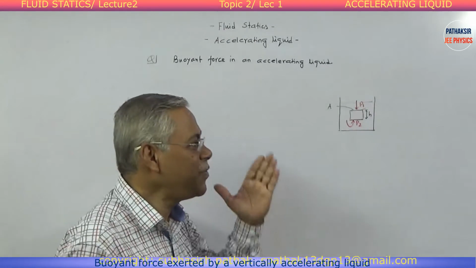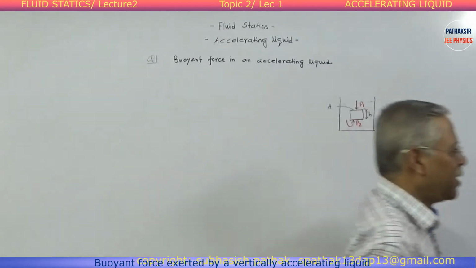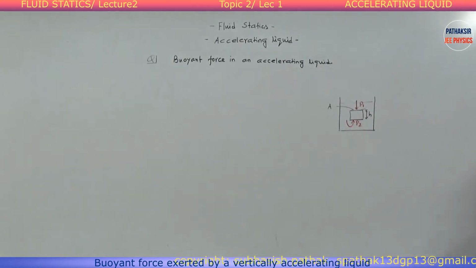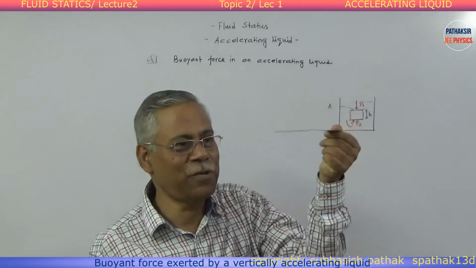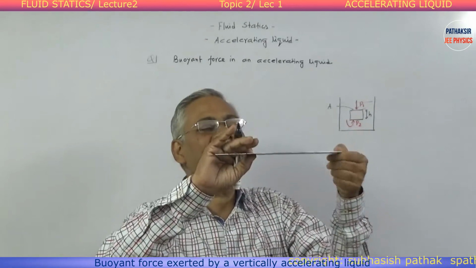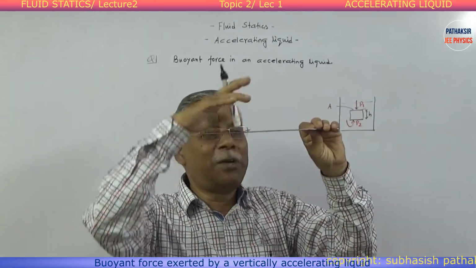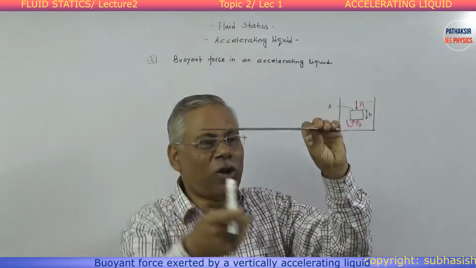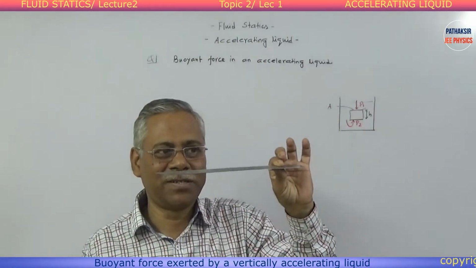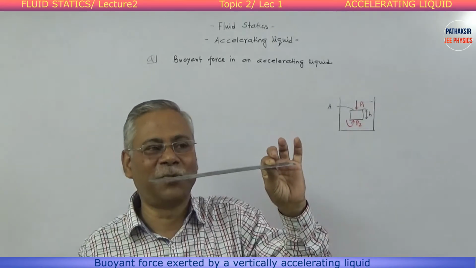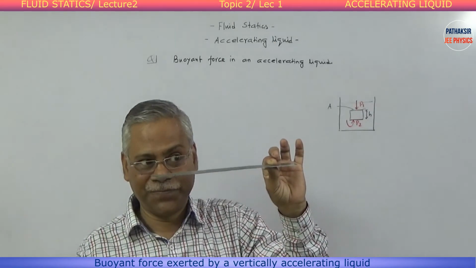If you immerse this type of body, will there be much buoyant force? Its thickness is so small that the pressure on the upper surface is almost the same as the pressure on the lower surface, and the buoyant force on such a body will be zero.